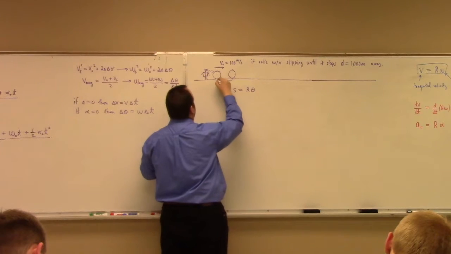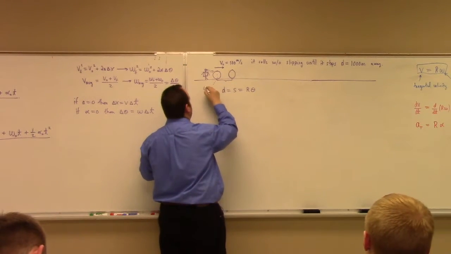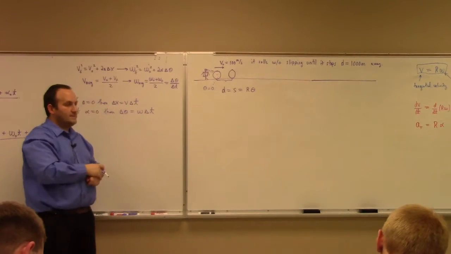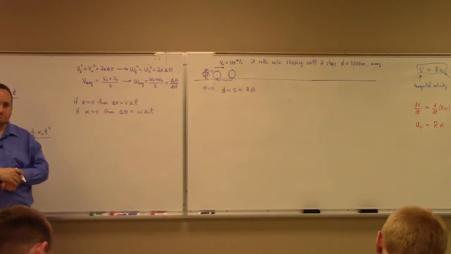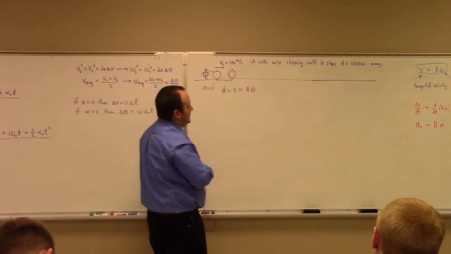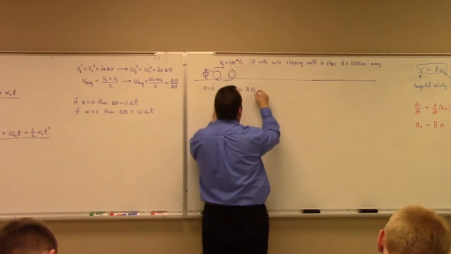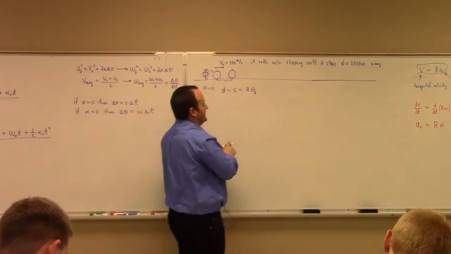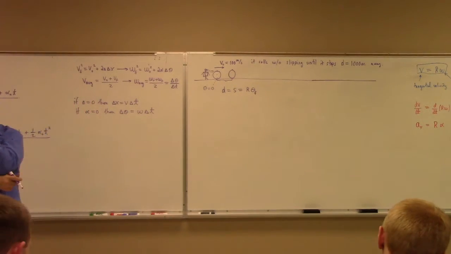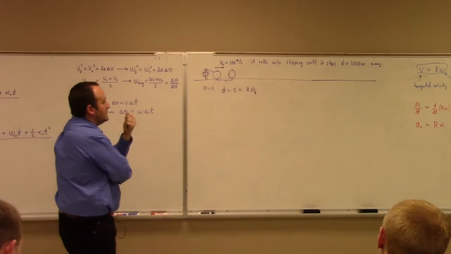I'm going to say that theta is equal to 0 at the starting point, just to keep things simple, okay? So this is the final theta, right? Since I said d was 1,000 meters. So what's the arc length subtended?